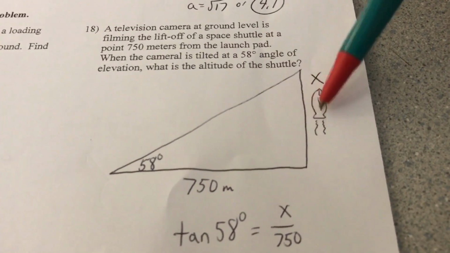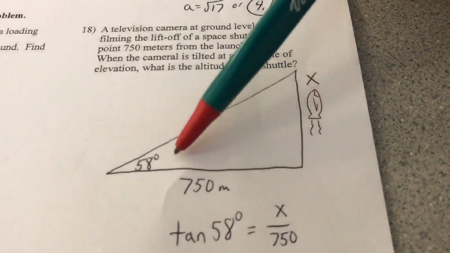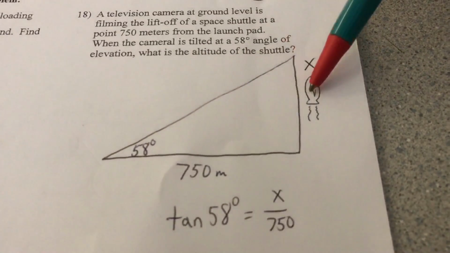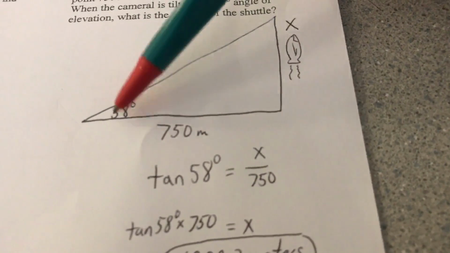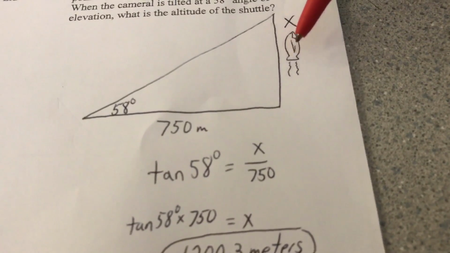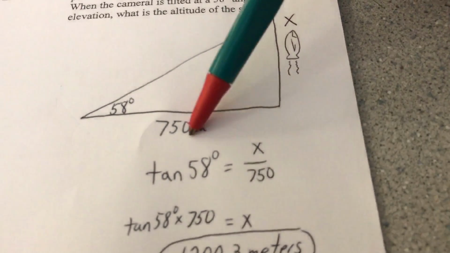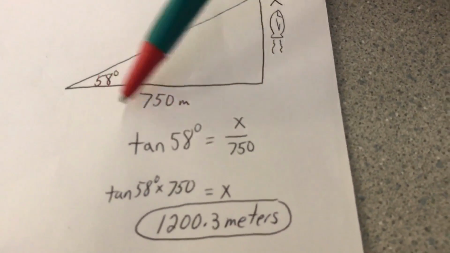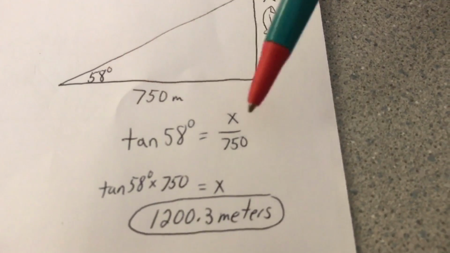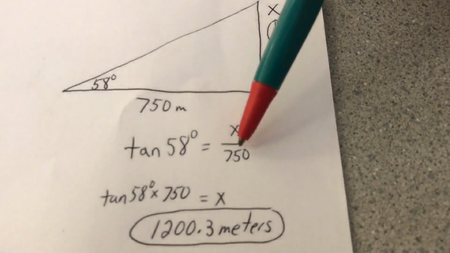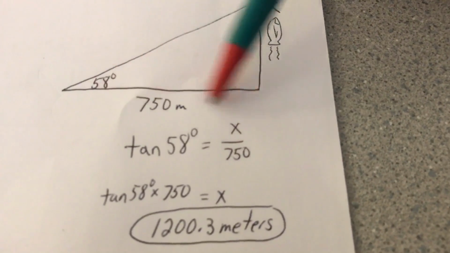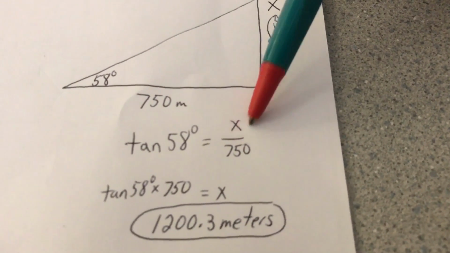I drew a horrible shuttle here, but nonetheless, I have the information to be able to find the height, this length. So I use tan because I'm trying to find the opposite side given the adjacent. So the tan of this 58-degree angle is equal to the opposite, which we don't know, we'll be able to solve for, over the adjacent side, which is 750.